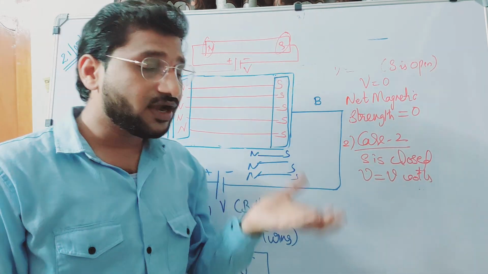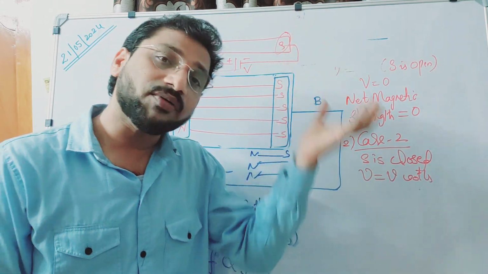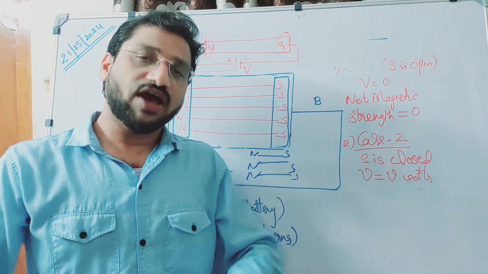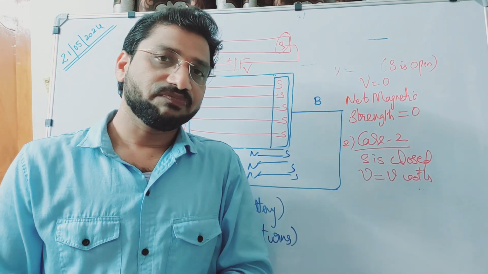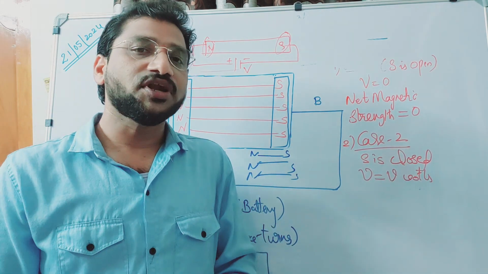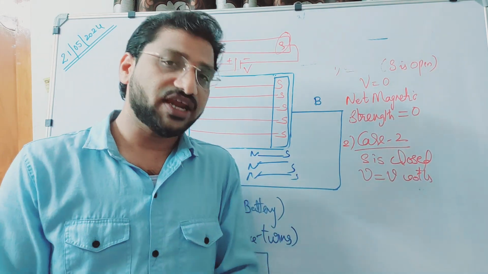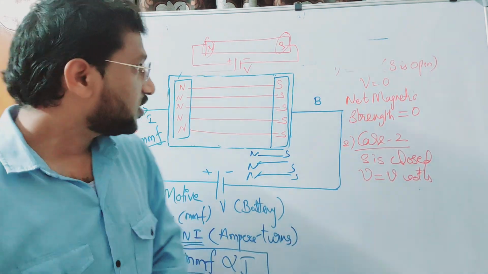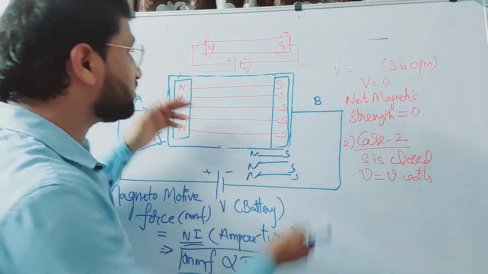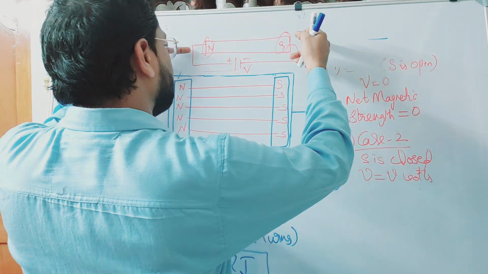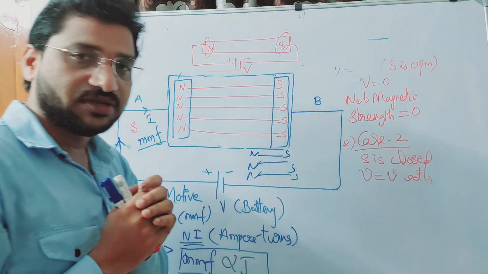The reason is the material with which it is made. For a permanent magnet, the material is different, which has a high residual coefficient, and it has more strength to retain the magnetic property. Since I am talking about the electromagnet, this material will act as a magnet only in the presence of power supply.